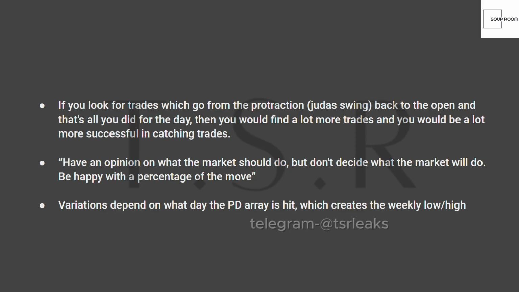Have an opinion on what the markets should do, but do not decide what the market will do. Be happy with a percentage of the move. So Romeo really does preach this, and I will preach this as well. As you can see, it is quoted directly from Romeo.